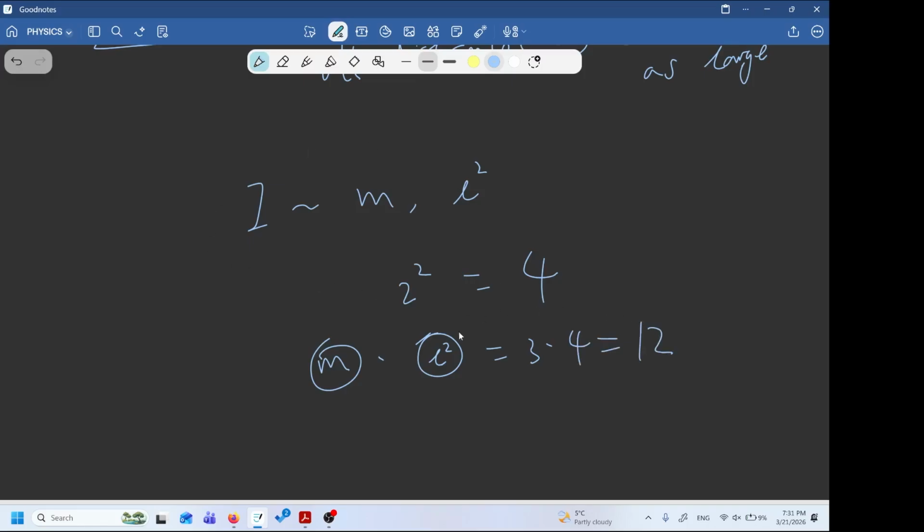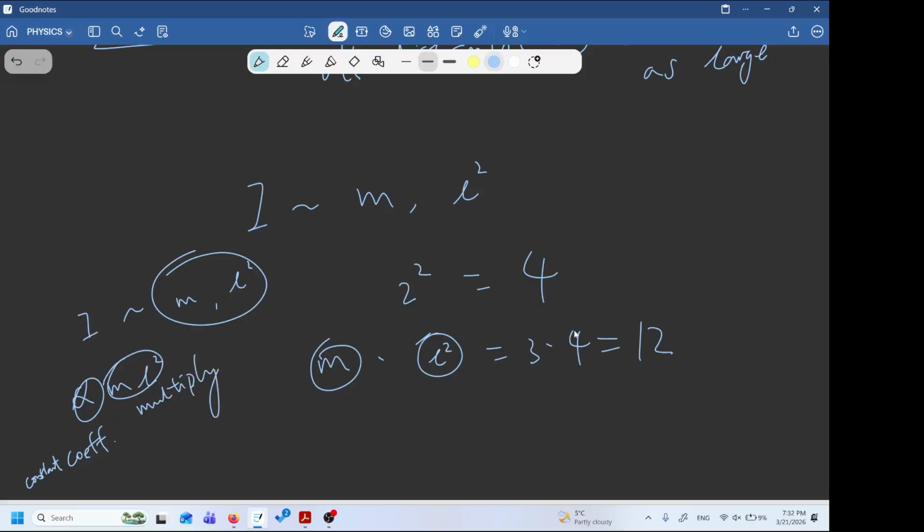So again, to make this more clear, since I only depends on the mass and L squared, in all formulas the formula is of the form alpha m L squared, where alpha is some constant coefficient, and they multiply. This is why we can do 3 times 4 equals 12.